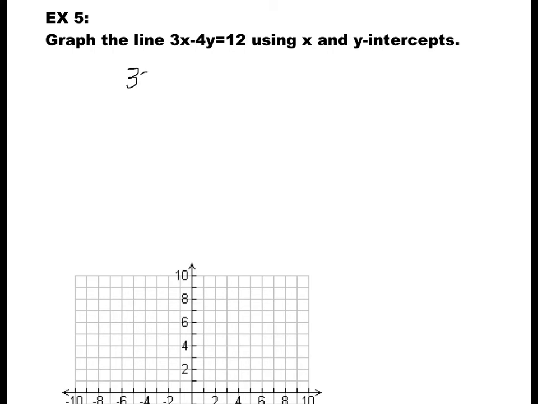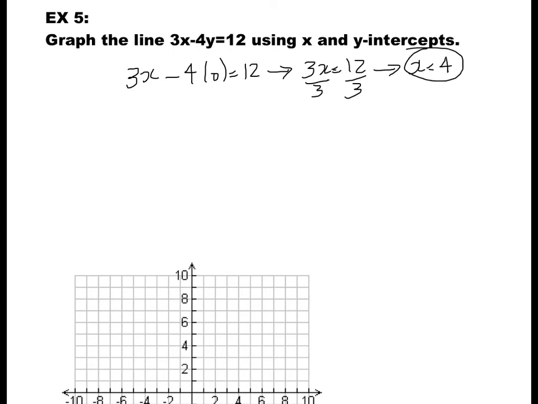So we say 3x minus 4 times 0 is equal to 12, or 3x is equal to 12. Dividing by 3, we get x is equal to 4. So this means the x-intercept is equal to 4.